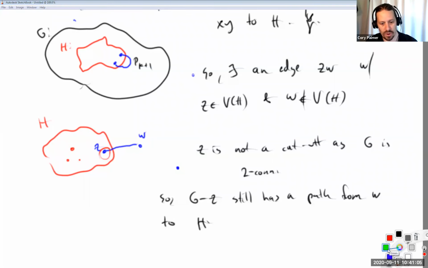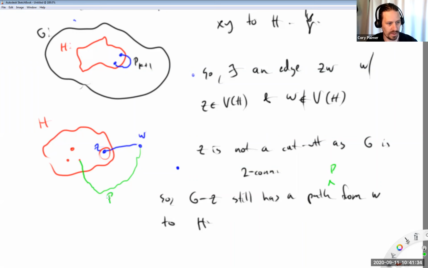Now, if there was no way of getting from W to these vertices in H without going through Z, then Z would be a cut vertex. Removing Z would separate W from these vertices here. So the graph definitely had a way of getting from W into there, maybe by a direct edge, maybe by some long path. Who knows? Okay. But then, from W to H, let's call it a path P.